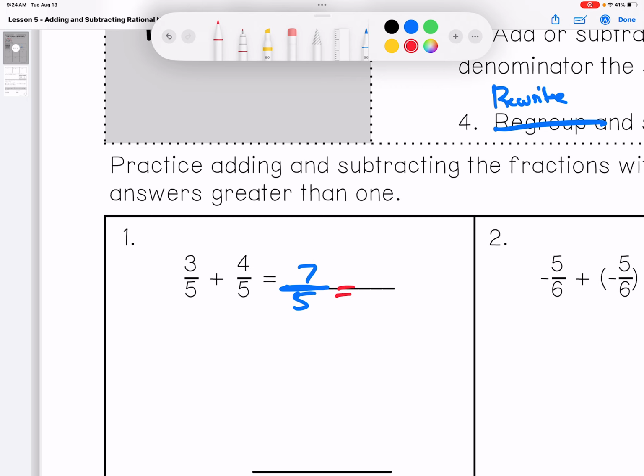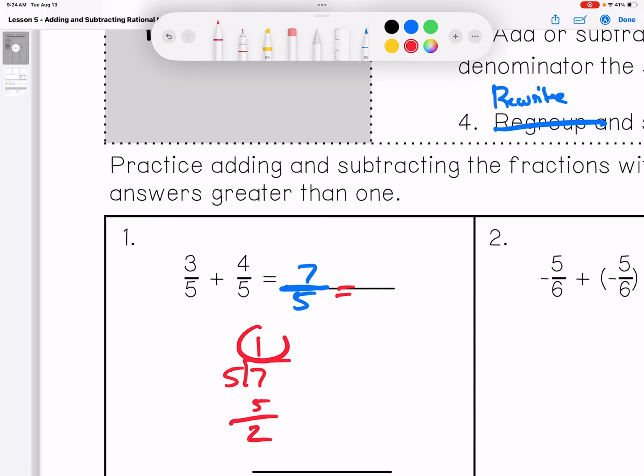How do we do that? How many times will 5 go into 7? Once, with 2 left over. The denominator doesn't change. So 1 2/5. How do I know if it's positive or negative? Both of them, we're adding and they're both positive, so it just stays positive. So the answer is positive.